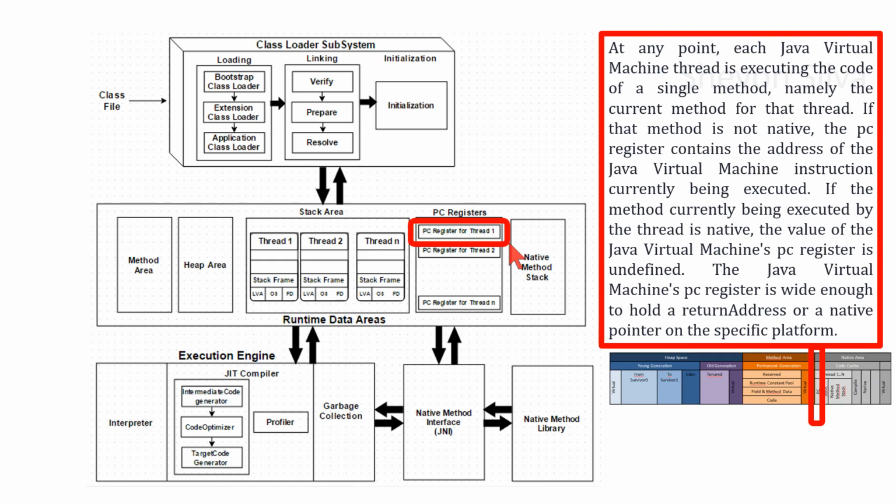If the method currently being executed by the thread is native, the value of the Java virtual machine's PC register is undefined. The Java virtual machine's PC register is wide enough to hold a return address or a native pointer on the specific platform.